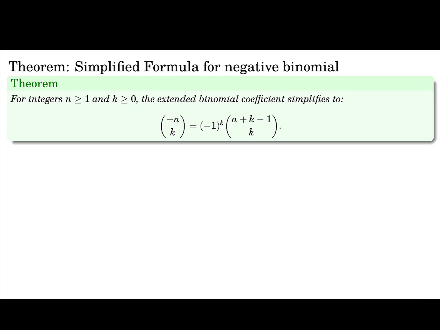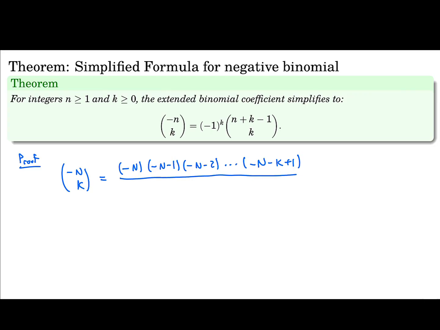So a proof for this, quite a simple proof, is just writing out the definition. So minus n choose k is going to be equal to minus n, minus n minus 1, minus n minus 2, and so on. And you get k of these, so you go all the way to minus n minus k plus 1, right? And you divide by k factorial.